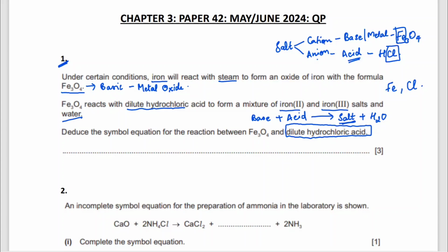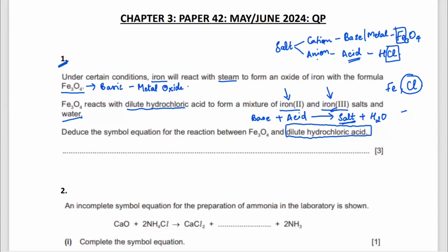Now, it is being mentioned that there are two salts formed. One having an oxidation state of 2, and the other one wherein the iron has an oxidation state of 3. So there are two salts, and both the salts are of iron and chlorine itself, but the oxidation states differ. For the first one, it is iron 2 chloride, and the second one will be iron 3 chloride.